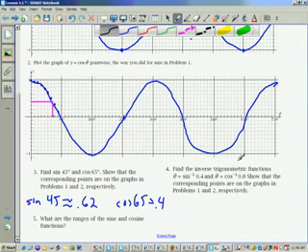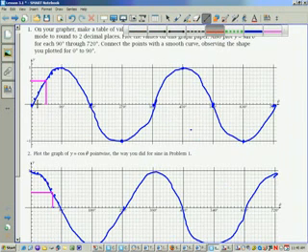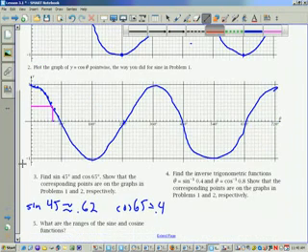For number 4, it says find the inverse trigonometric functions for inverse sine of 0.4. So let's go up to sine. Inverse sine of 0.4, we can go 1, 2, 3, 4. I go over, and I go straight down. And I would guess that that would be somewhere around 10, 20, 26 degrees.